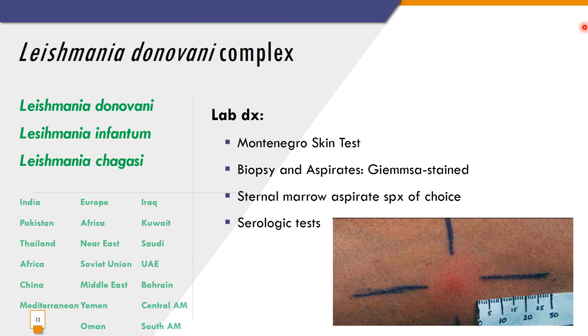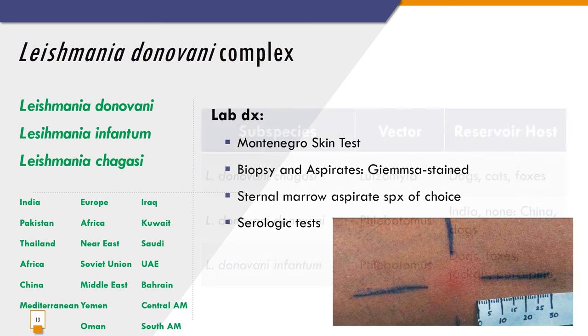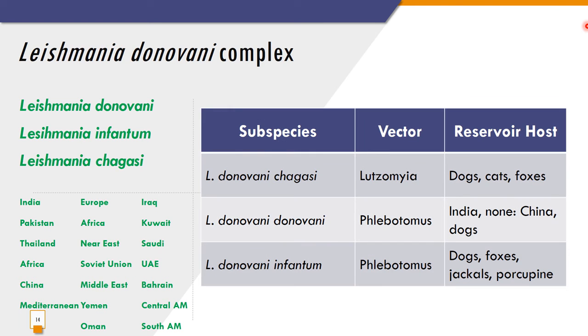So, these are the names of the places where the Leishmania donovani complex is very prominent. Unlike Leishmania brasiliensis, the Leishmania donovani complex has two different vectors. Leishmania donovani chagasi has Lutzomyia, while donovani and infantum have the phlebotomine sandfly as vector.